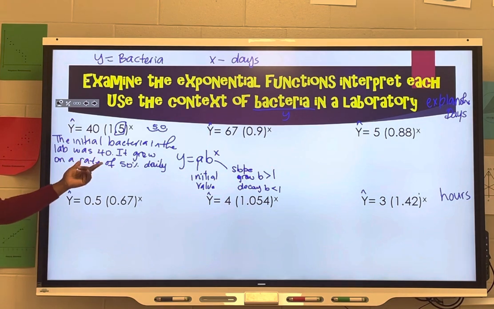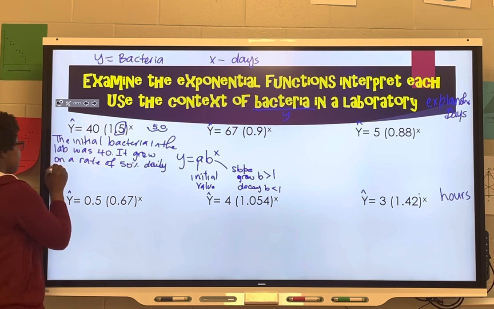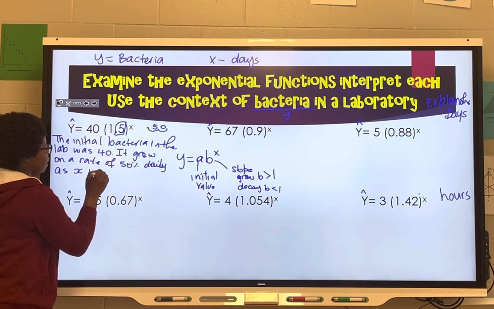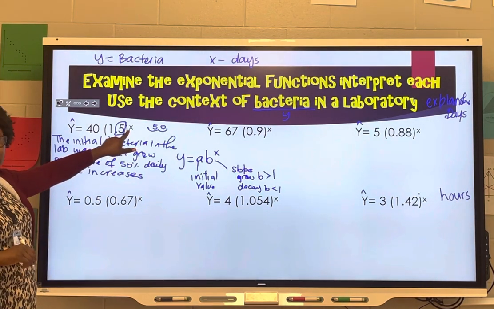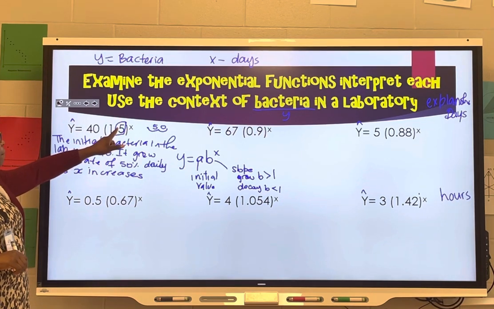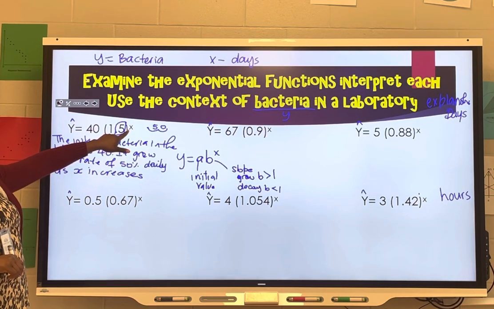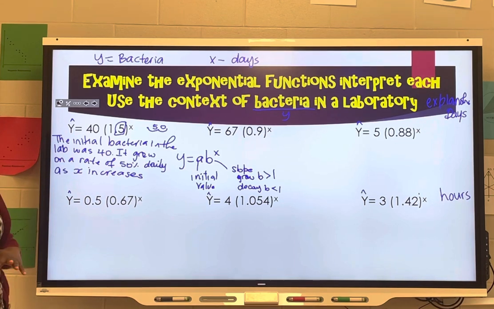So it grows 50% daily in whatever lab they're in. So here you tell me the initial value and you tell me the growth rate, daily, as x increases. So you're basically telling me as x increases, this value is going up by 50% of whatever is there. And x here can take on any number of days, and you basically find the answer when you substitute them. Very soon I'll explain some of that to you.